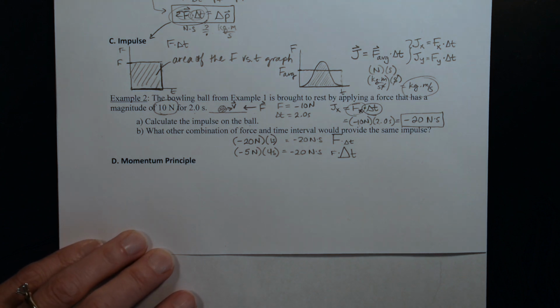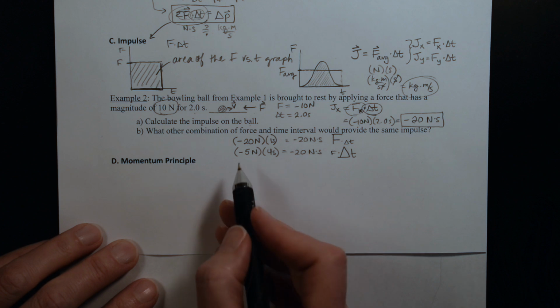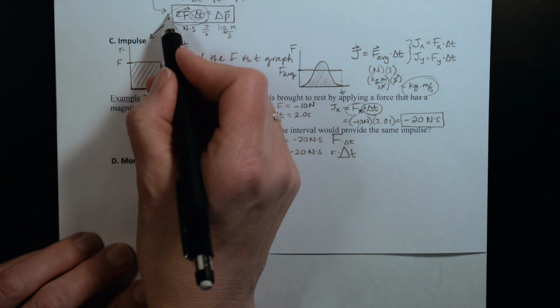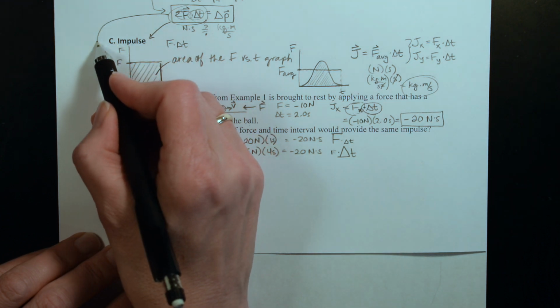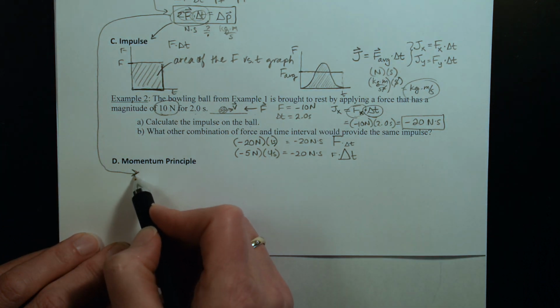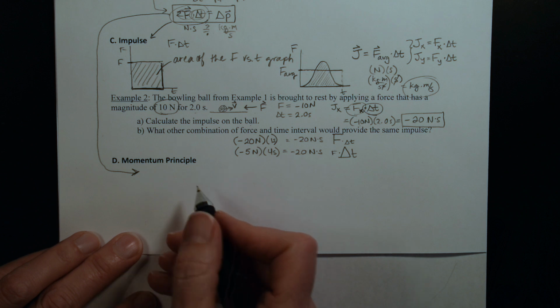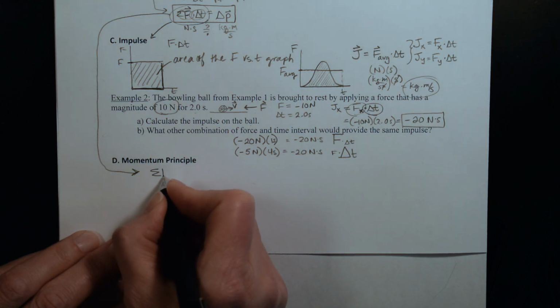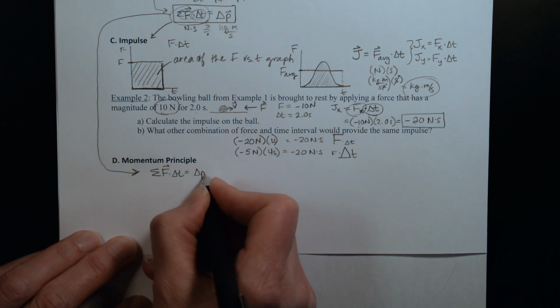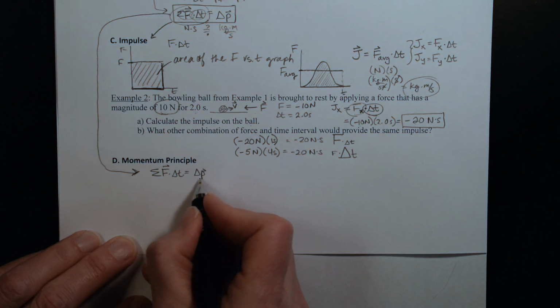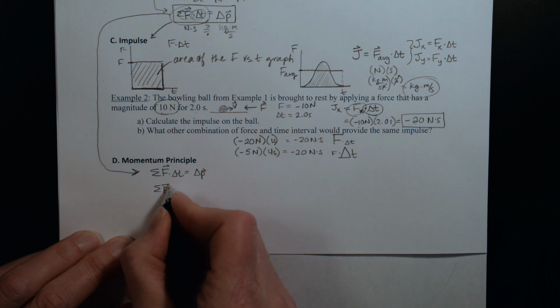The momentum principle is going to be very useful in applying momentum and impulse to problems. So we're going to take this result we got from Newton's second law and just expand it and rearrange it a little bit. So starting with sum of the forces times the time interval equals delta p, I'm going to expand out the change in momentum.